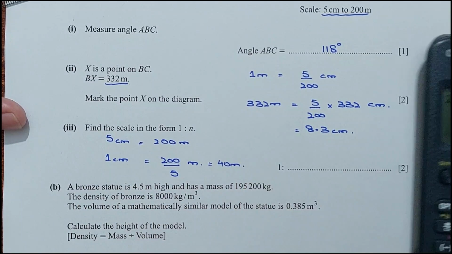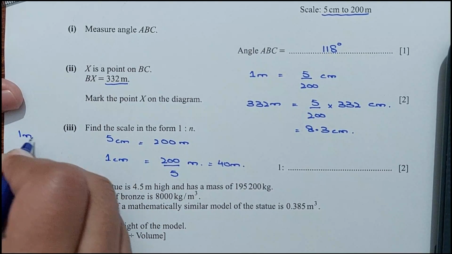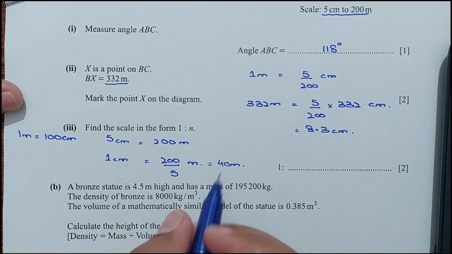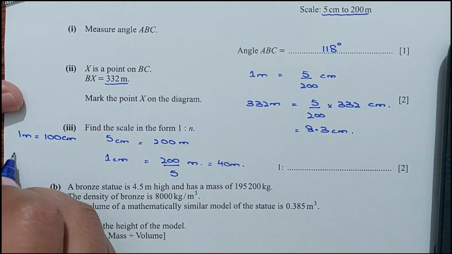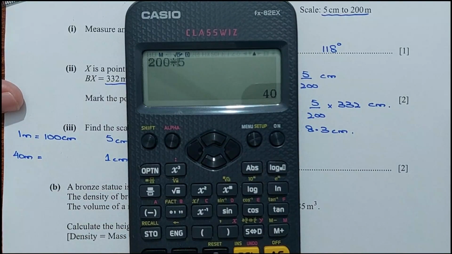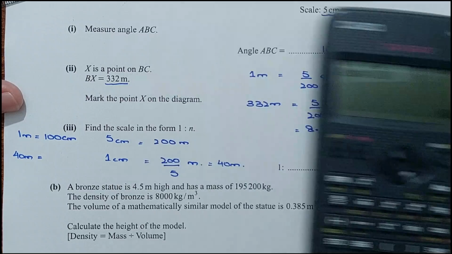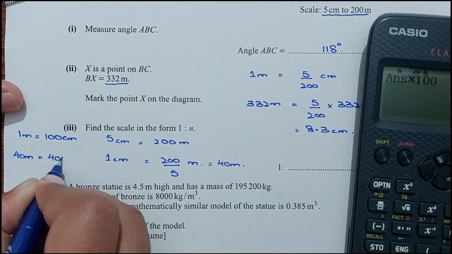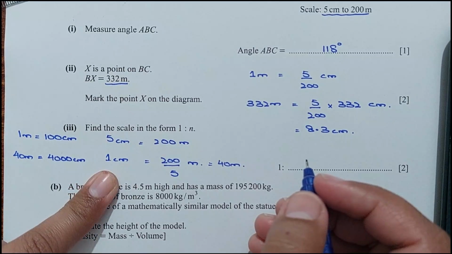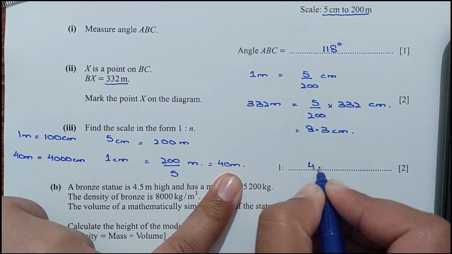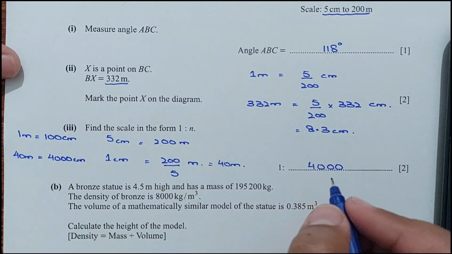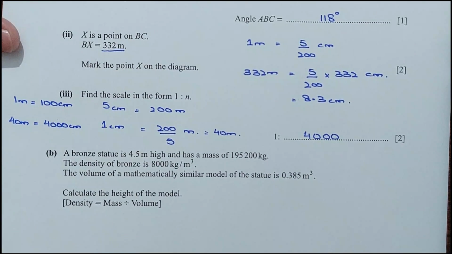Both should be the same units, right? 1 meter has 100 centimeters, so 40 meters times 100 is 4,000 centimeters, right? So 1 centimeter equals 4,000 centimeters. The centimeters cancel, so the scale is 1:4,000, right?